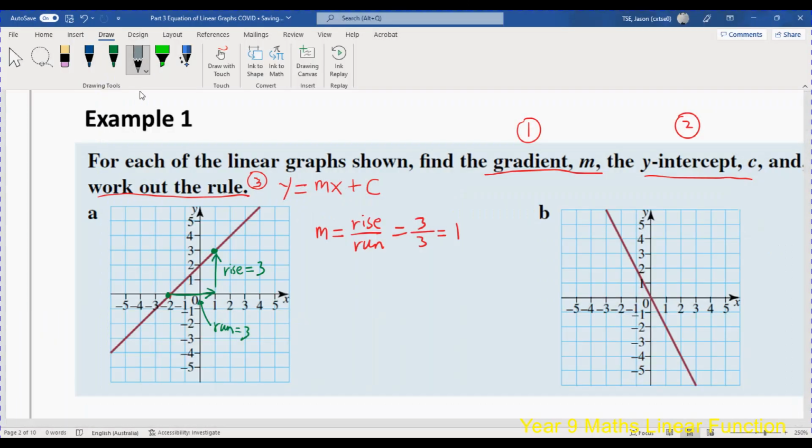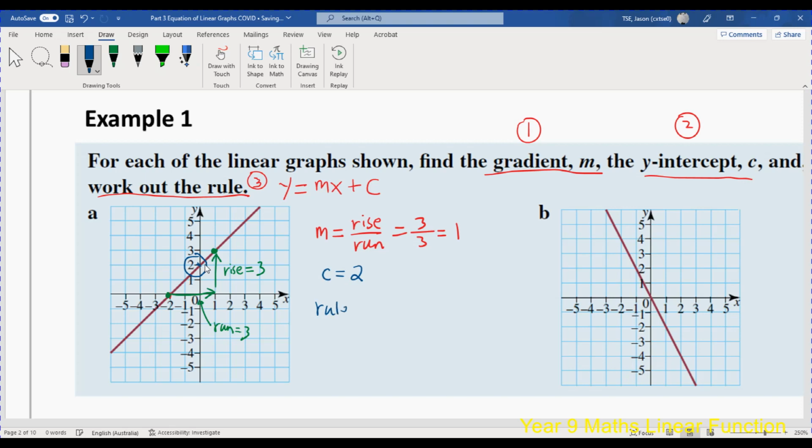Where is y-intercept? Y-intercept must be on the y-axis. Sorry, just this one. So here's the point. The line cuts the y-axis. So y-intercept c is equal to 2.